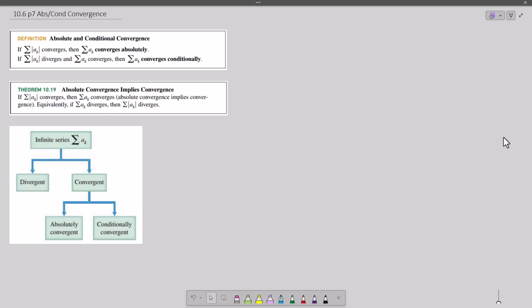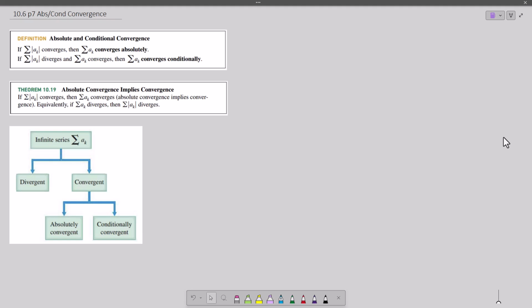If you think of a visualization like pumping up a ball, you're pumping it up, but then you're letting a little bit of air out because you're subtracting. Some of the terms are taking away from the cumulative sum. And if you have a series that does have negative terms, it could be alternating, but it could also be sporadic. You could just have patches of negative terms. There doesn't have to be a pattern to them.